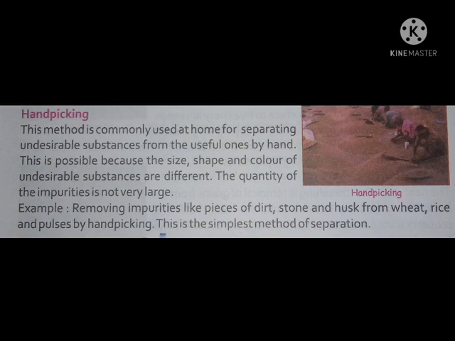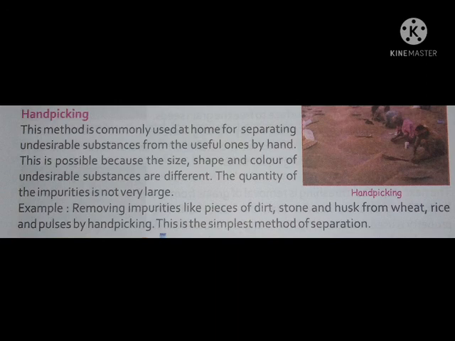Like we can easily separate stones from the rice by using our hands, right? The quantity of the impurities is not very large, so there is a small amount of impurities.